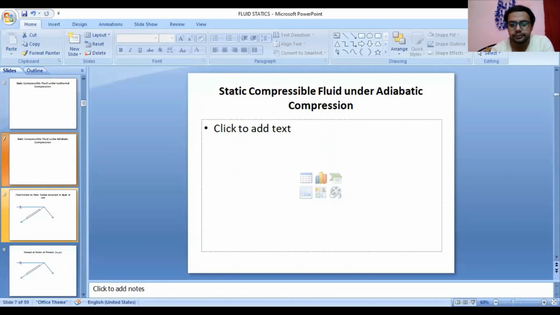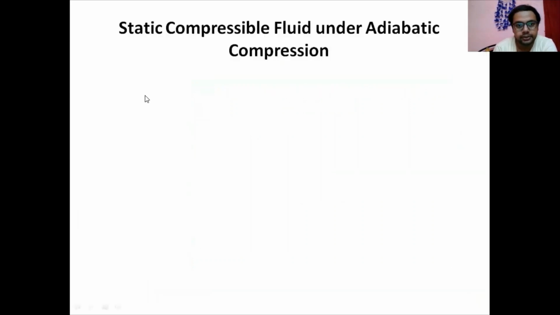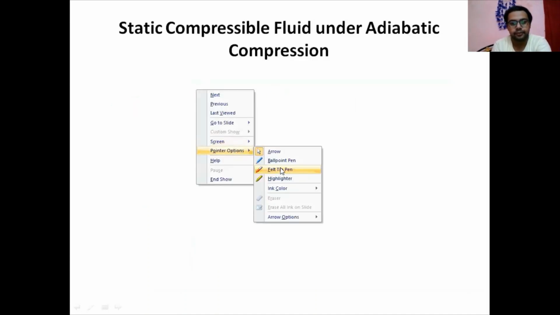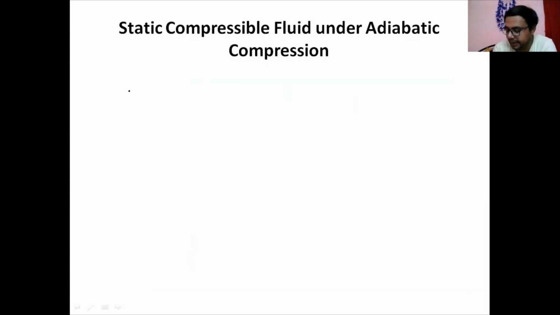So the last portion we are getting here: T is equal to T0 minus some constant into Z. So this alpha is known as the lapse rate.